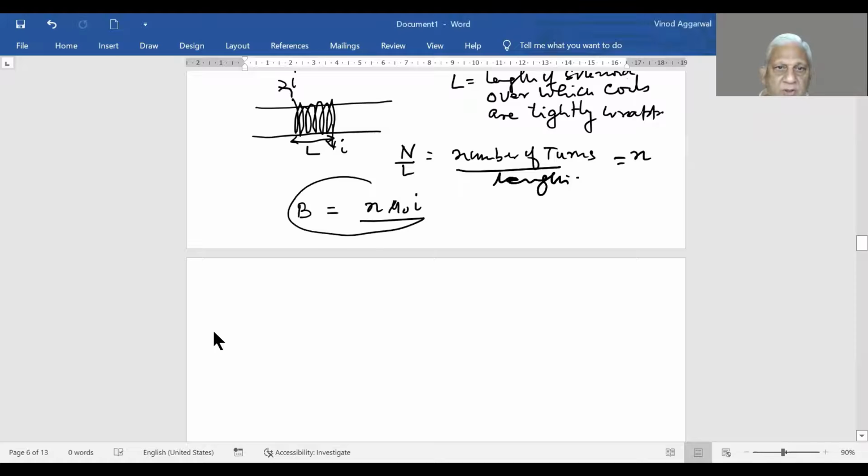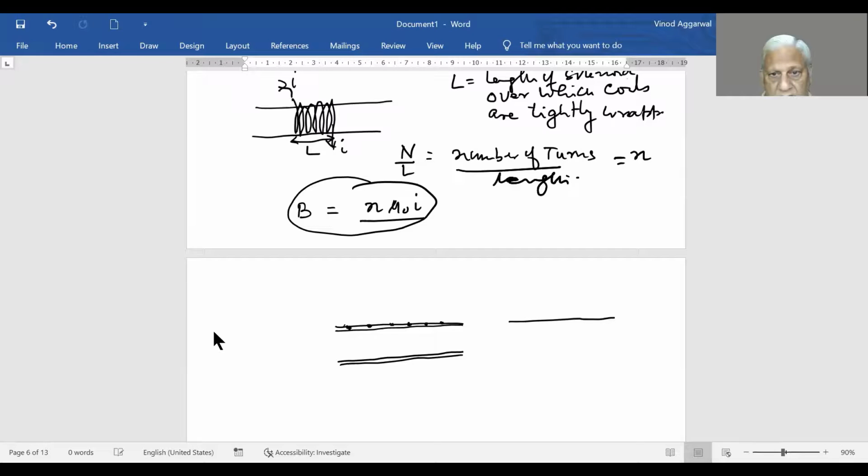We can prove this formula using Ampere's circuital law also. How? Let us say this is the coil coming out of the paper plane.